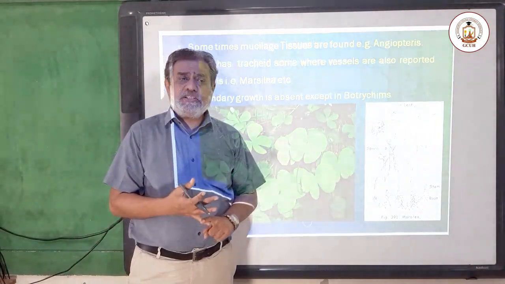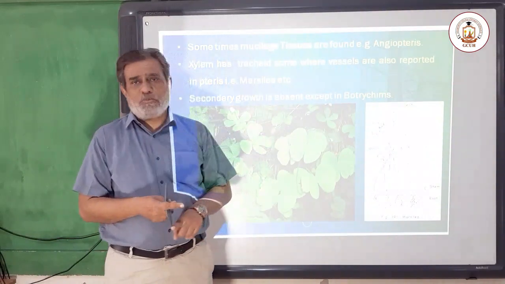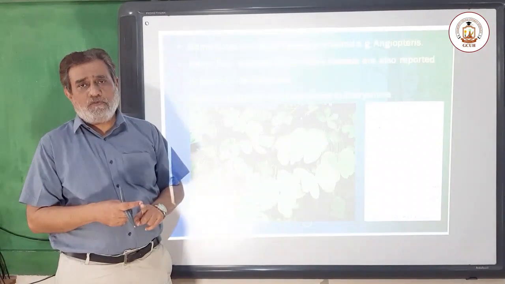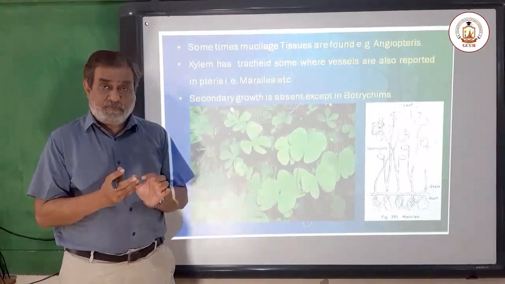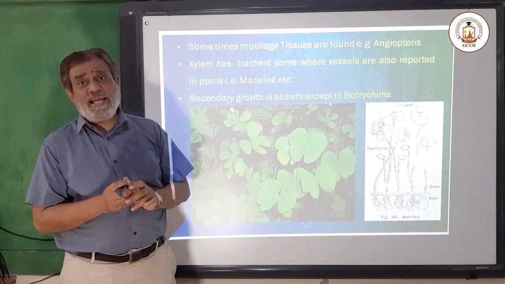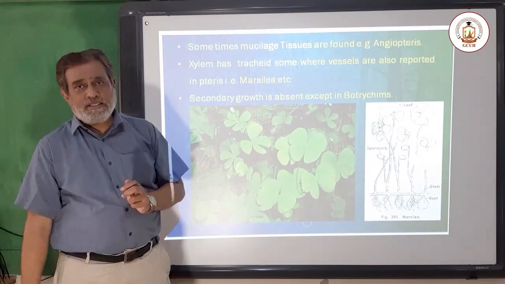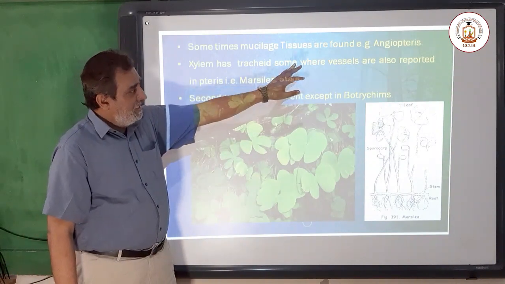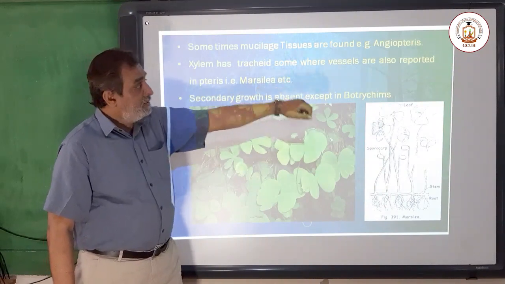Generally in Psilopsids, Lycopsids, Sphenopsids and Pteropsids, the xylem consists of three elements: tracheids, fibers, and parenchymatous tissues. In angiospermic plants, vessels are also present as a xylem element, but in some of these plants we can also observe vessels in their xylem.